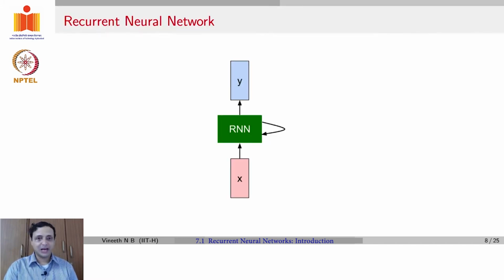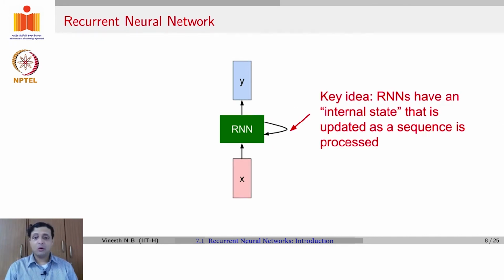So the high-level abstraction of a recurrent neural network is this figure here. You have an input X, an output Y, and in between you have what is known as a recurrent neural network. As the word says, there is a recurrence here, which is represented by this self loop.